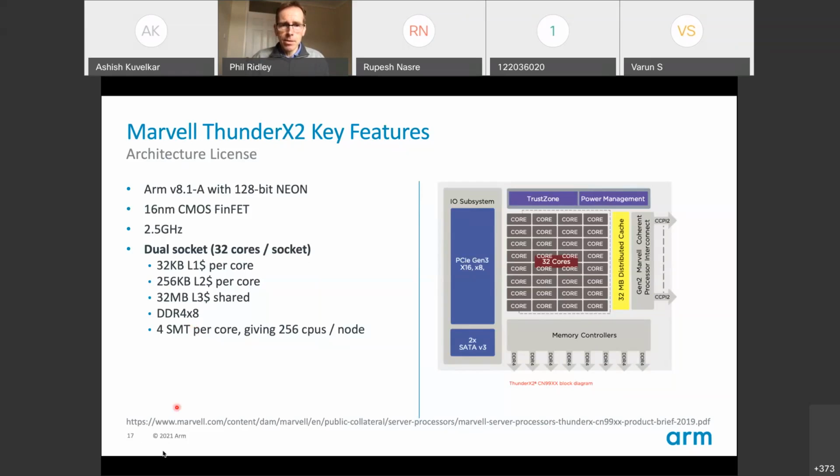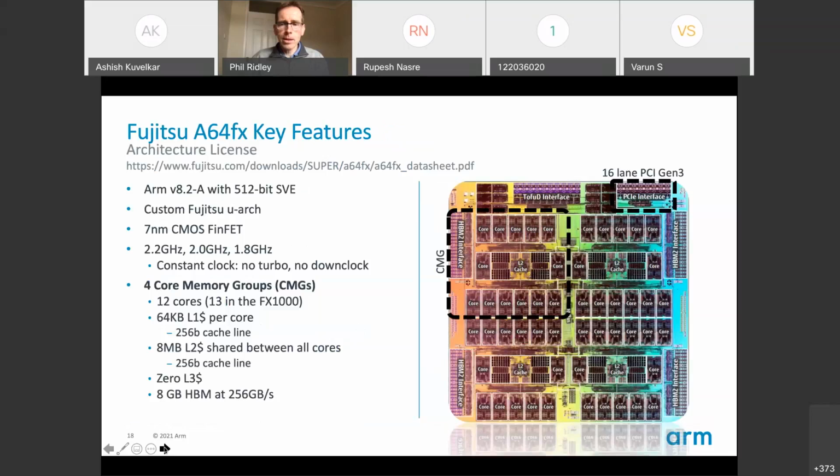So the next processor is the one that was designed by Fujitsu, who I've mentioned previously. That's in the Fugaku supercomputer. I mentioned before it's based on a custom Fujitsu microarchitecture. So Fujitsu have taken the architectural license from ARM to do this. 7nm fabrication.